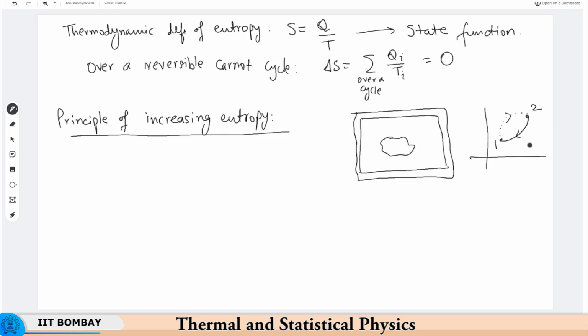So this is irreversible, this is reversible, right. And we saw using the Clausius inequality that S2 minus S1 in this case has to be greater than or equal to the integral of heat exchange over the irreversible path divided by the temperature, and this integral is evaluated from state 1 to state 2, right.